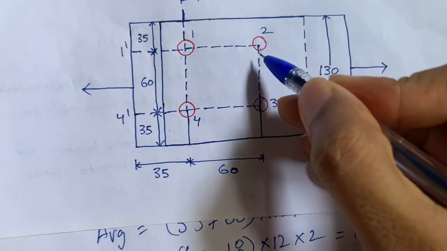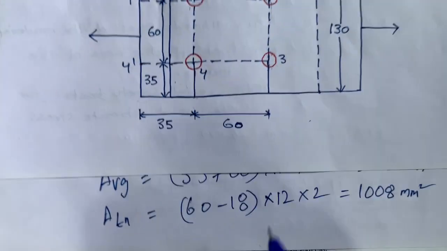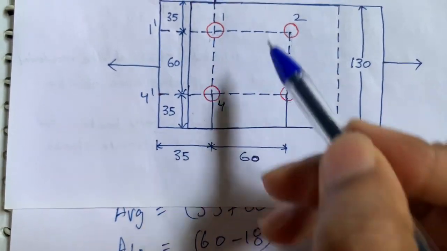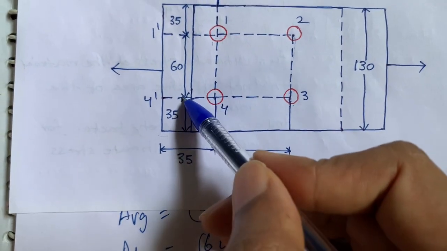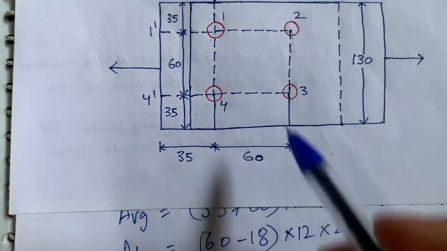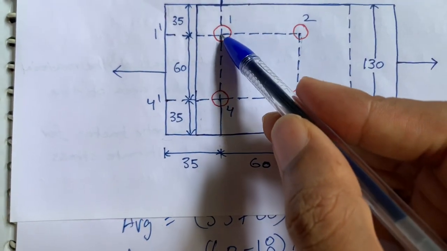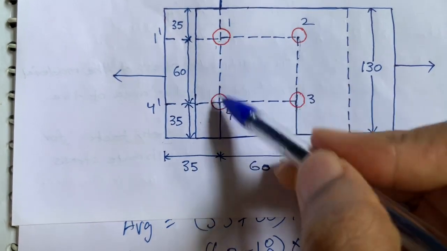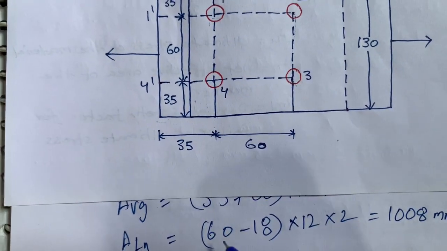Tension is in this direction. Okay, so 60 is from bolt hole center to this center. But we need to calculate this direction tension. We need to know the length of this side. So for that I am deducting from 60.